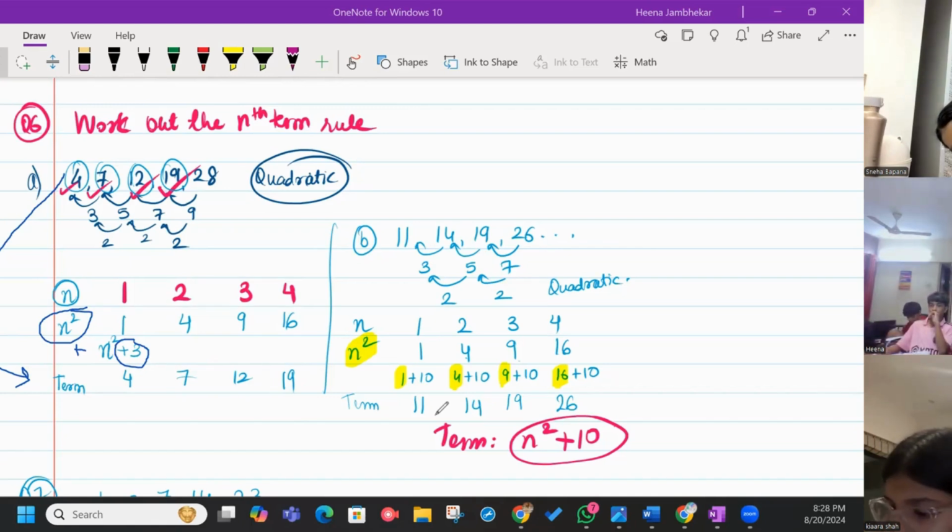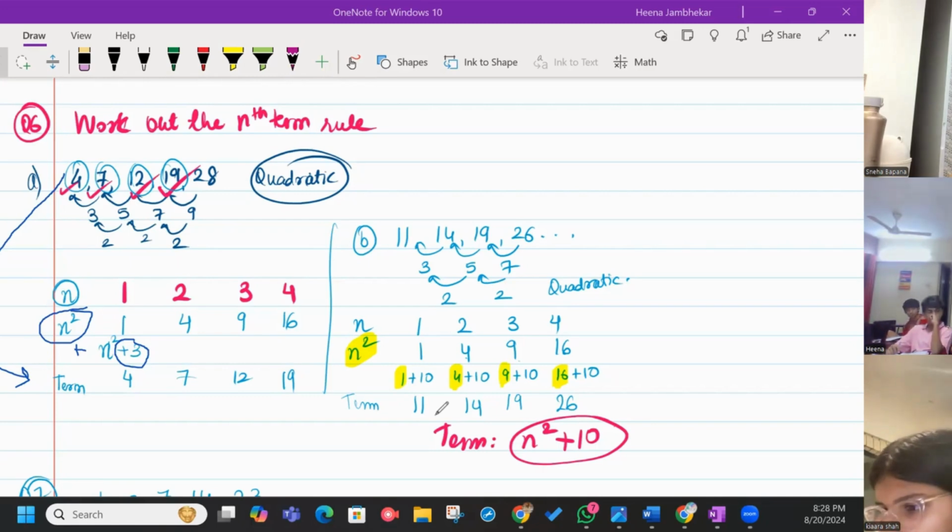It could either be linear or it could be quadratic. Linear would be if the differences are the same. Now, when I do it like this, what do you get? 3, then 5, and then 7. So this is a problem. This is not linear, it is non-linear.